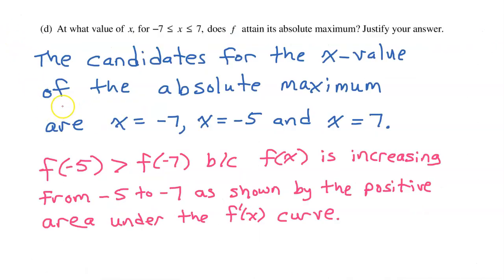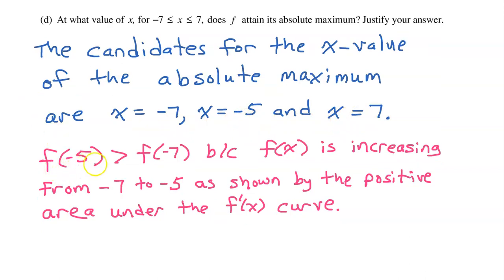There's no way to say this really succinctly, so let's just write up what we have so far. The candidates for the x value of the absolute maximum are x equals -7, x equals -5, and x equals 7. F of -5 is greater than f of -7 because f of x is increasing from -7 to -5 as shown by the positive area under the f prime curve.